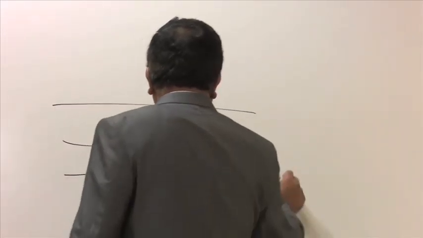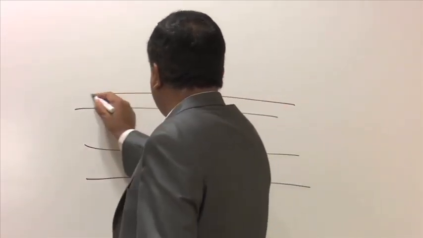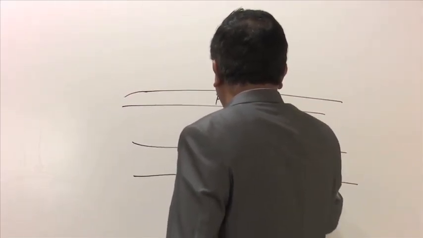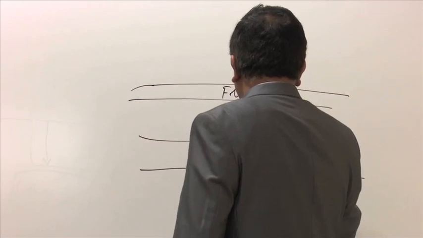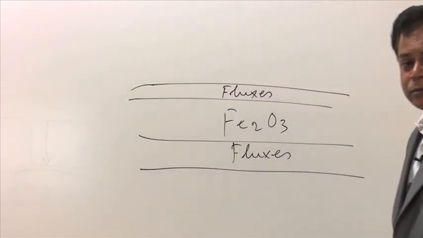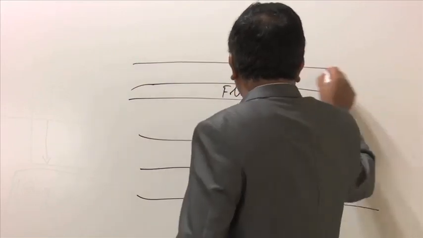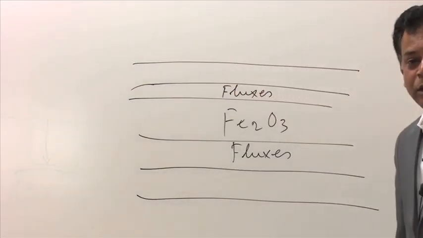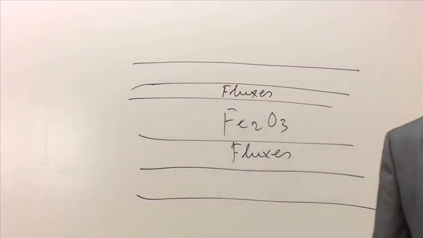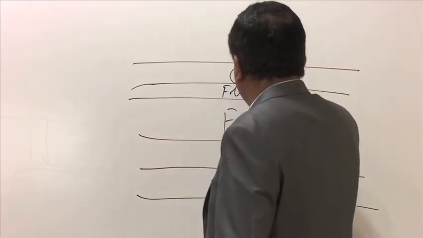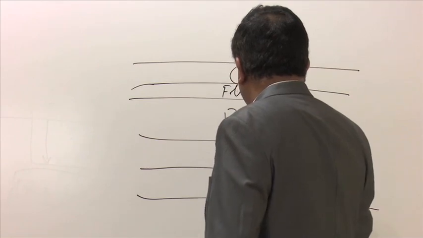Then the next layer, both the layers should be fluxes, nothing but limestone and dolomite, and then the source of carbon, as a source of heat, as a source of reductant. So, there I need coke, not coal.